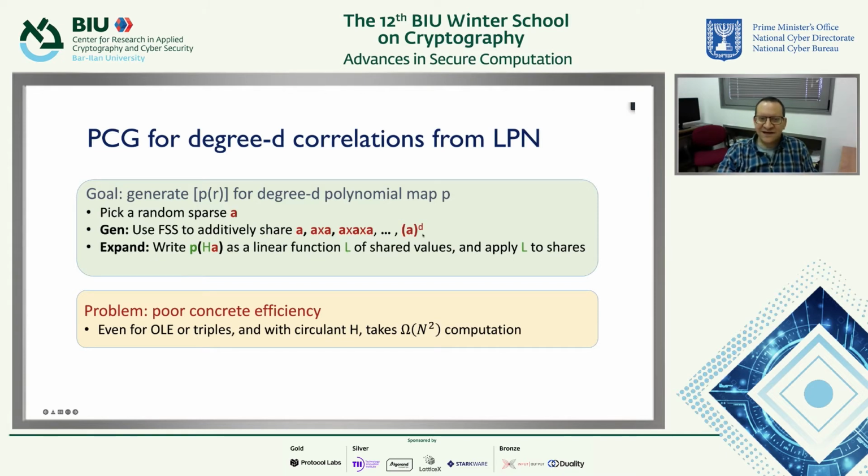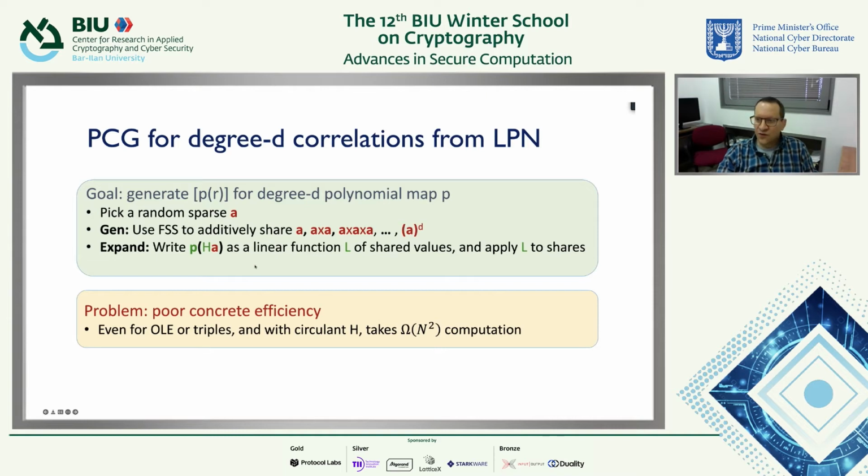In any case, the idea is that we want to unsparsify A, so we multiply it by this compressive mapping H, and now we can express the degree D polynomial map in H times A as a linear function in these tensored entries. So we do this compressed secret sharing of all these powers of A, and we can apply a local linear mapping to generate additive shares of the degree D correlation.